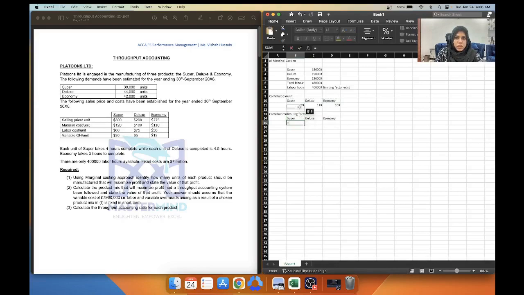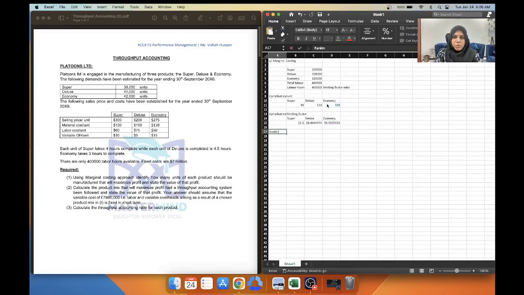Contribution is already given, so divided by limiting factor per unit, because right now you've computed contribution per unit, so that will need to be divided by limiting factor per unit only. Had it been contribution in total, you could have also divided by limiting factor in total. Divided by 3. This is your contribution per limiting factor.